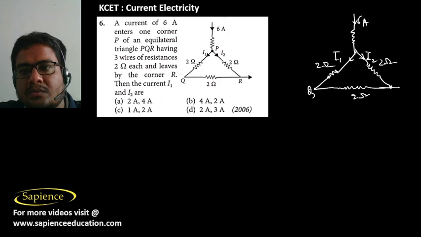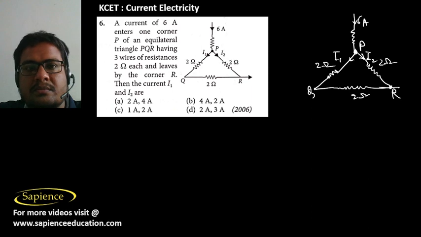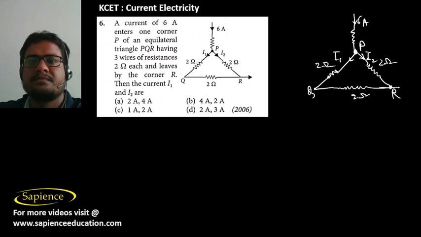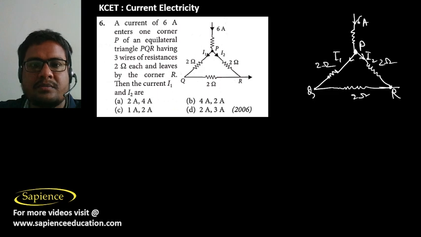A current of 6 ampere enters one corner P of an equilateral triangle PQR having 3 resistances of 2 ohm each and leaves by the corner R. Then the currents I1 and I2 are.